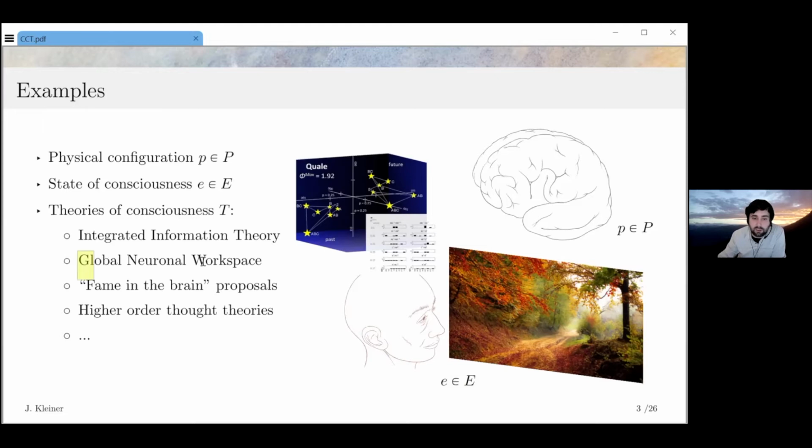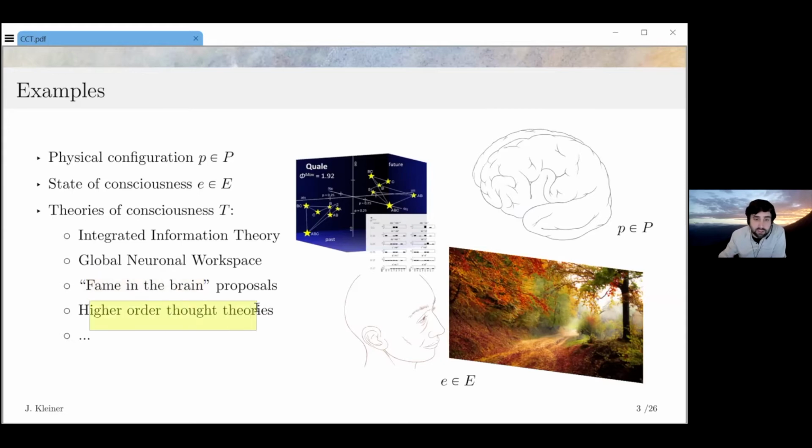For example, in global neuronal workspace, the space E isn't a complicated mathematical space as in the case of IIT, but a simple space where for every stimulus you present to a subject, you have a 0 for no conscious perception and a 1 for conscious perception. Predictive brain proposals similarly give some sort of definition of what constitutes a stimulus being conscious.